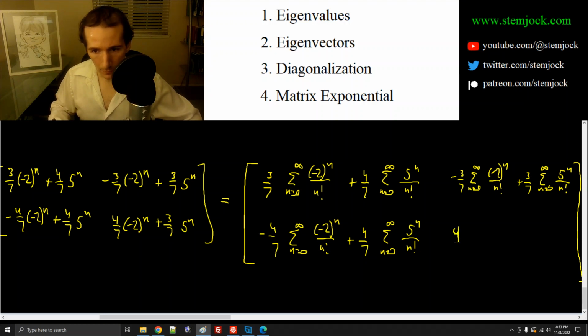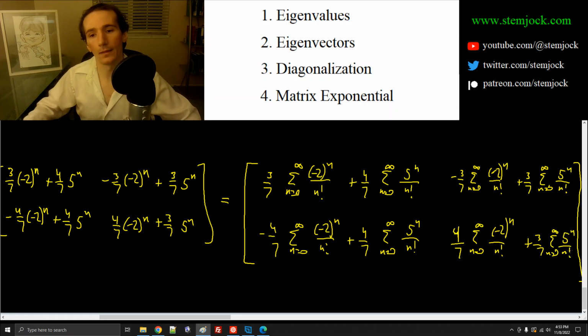Now the bottom right element here, 4/7 sum, negative 2 to the power of n over n factorial plus 3/7 sum, and now 5 to the n over n factorial.